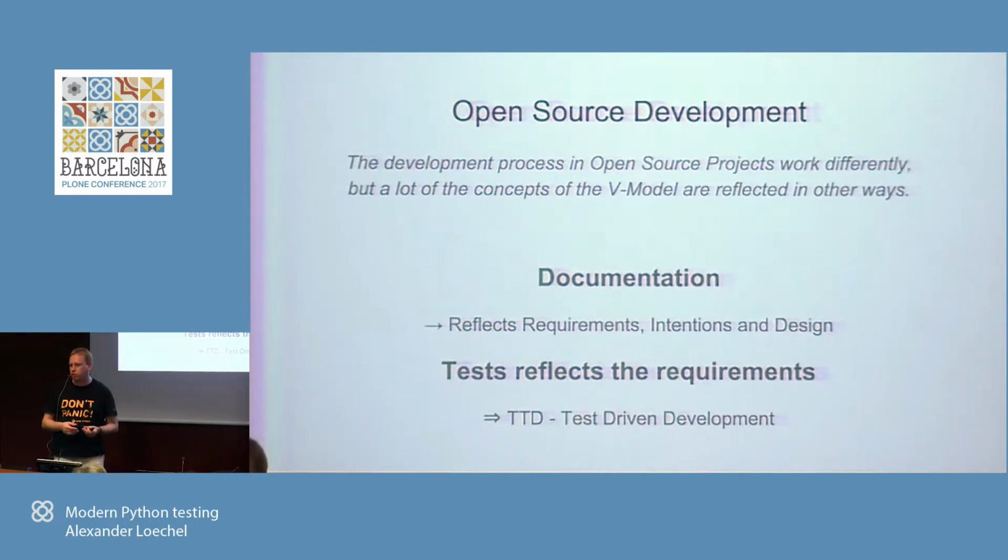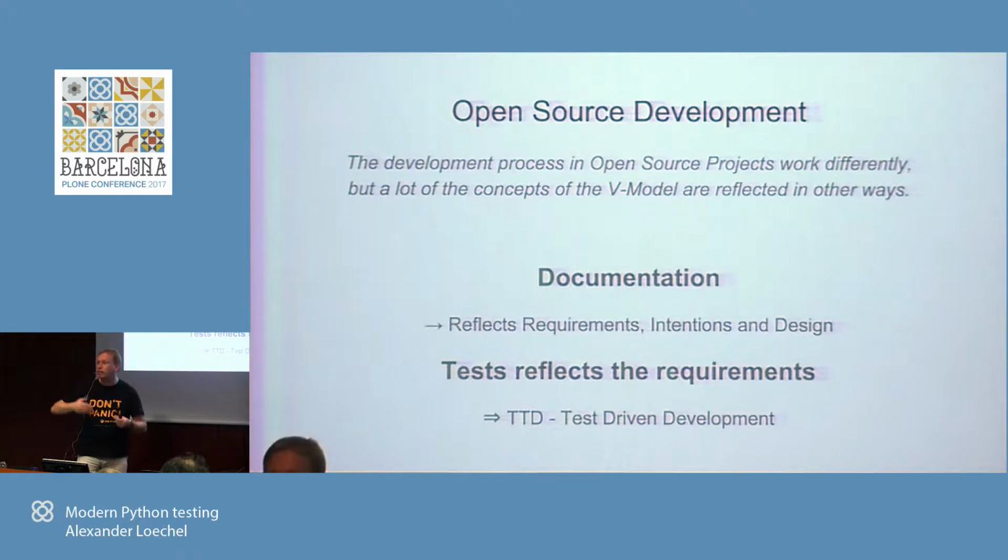Our documentation reflects the requirements, the intentions. If you do documentation first, you describe what you want to achieve, and you can already get people discussing with you whether it is the right way to get those things done. And tests reflect the requirements. So test-driven development in open source is just fixing the requirements from the beginning, because you test against them.